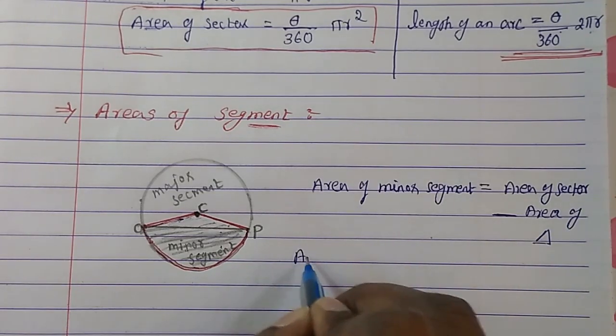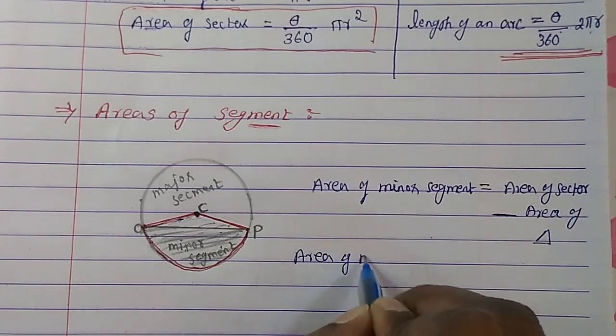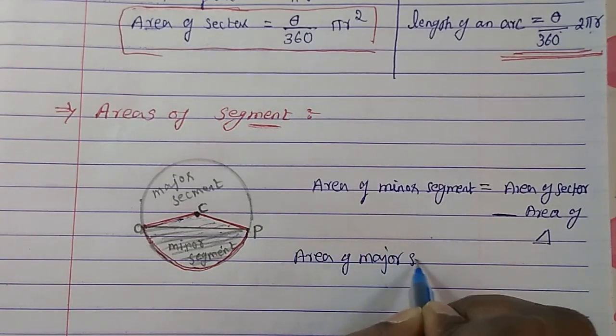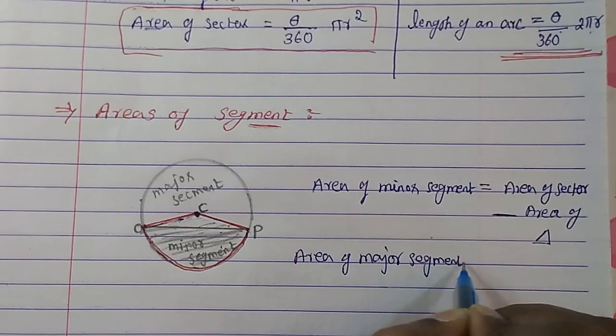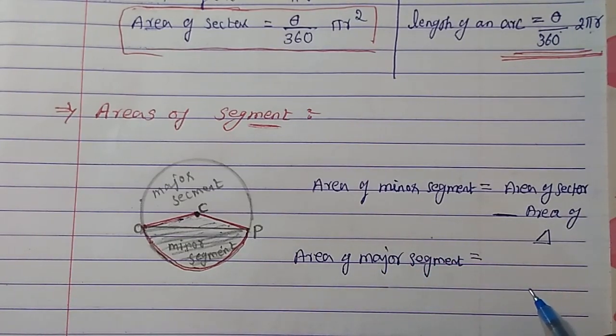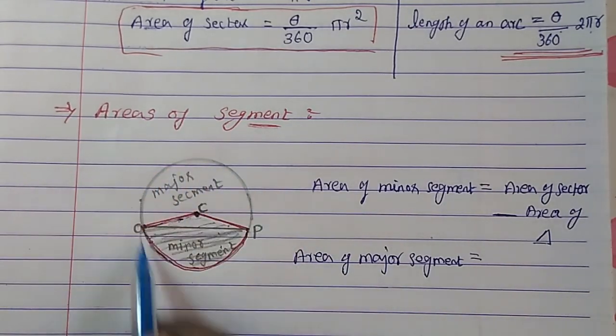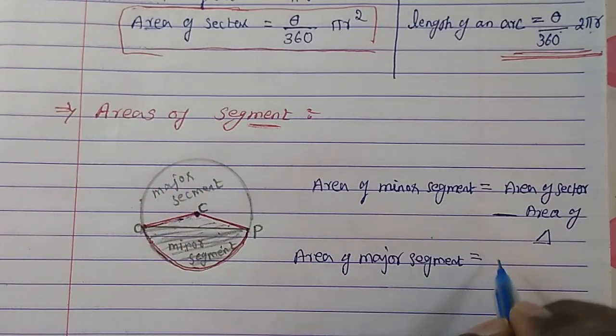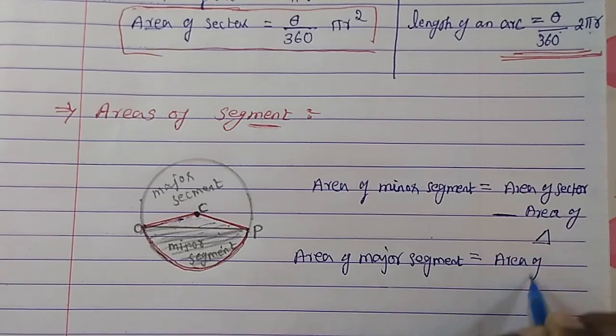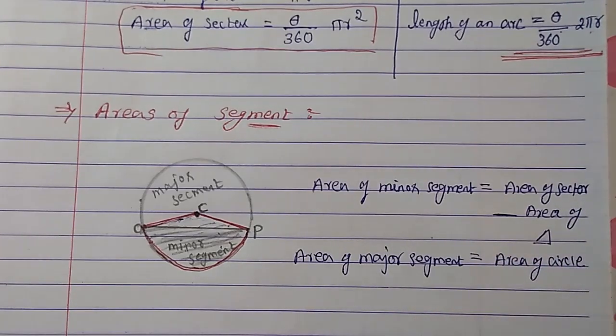Now, how do we find the area of the major segment? For the area of the major segment, we first find the total area of the circle, because we know the area of circle formula.